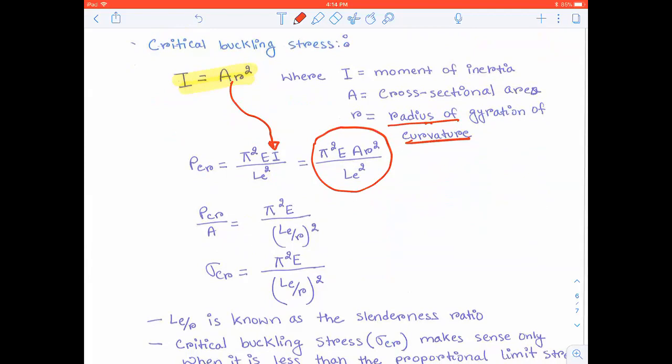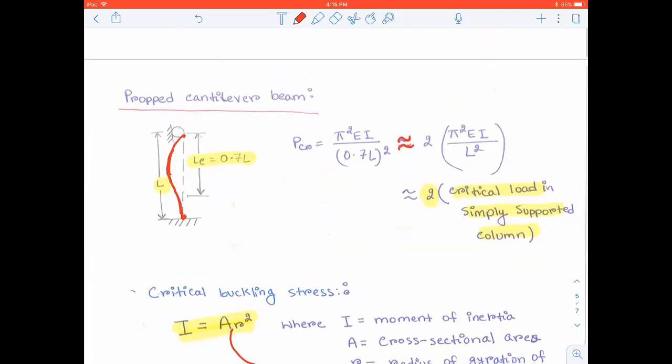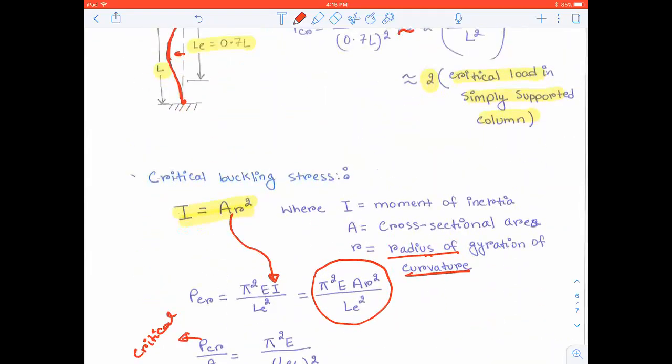P_cr divided by A is your critical stress. Remember, critical load is the load at which your column starts to buckle without any control, and any type of lateral disturbance will cause it to snap.